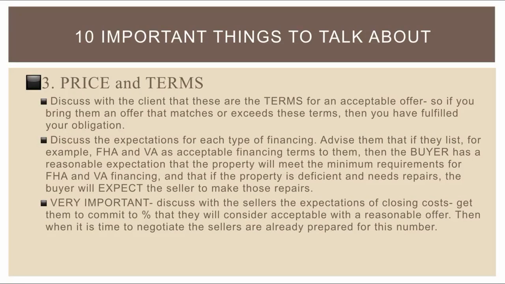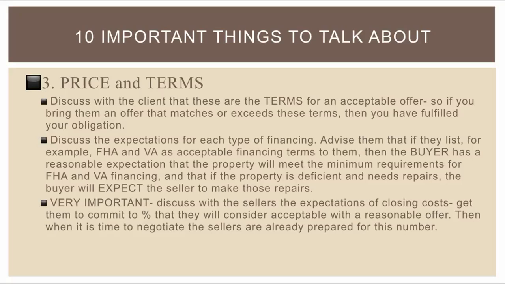Now we're going to start discussions about price and terms. This agreement is about having the seller understand what terms and price they will find acceptable to be able to transfer the property. So you're going to discuss with the client that these are the terms for an acceptable offer. So if you bring them an offer that matches or exceeds these terms, then you have fulfilled your obligation.